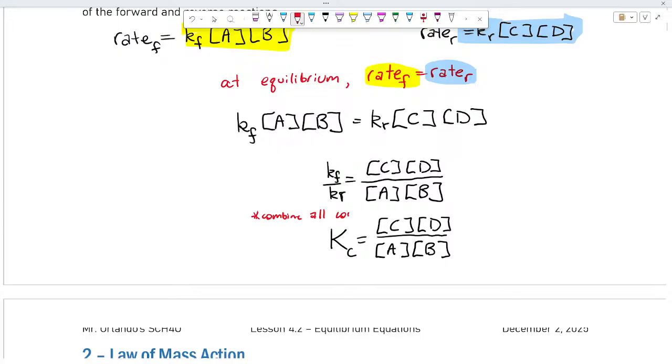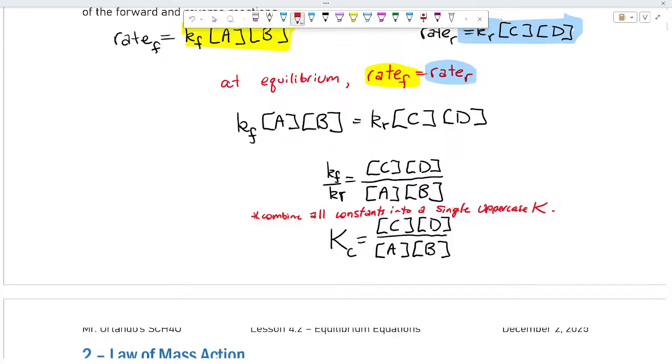And I'm just going to say that we're going to combine all constants into a single one. Is that one uppercase? Yeah, by convention we use an uppercase K. I put a C there, which stands for concentration, so the concentration constant.